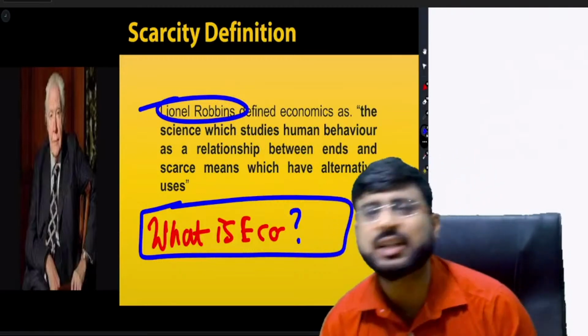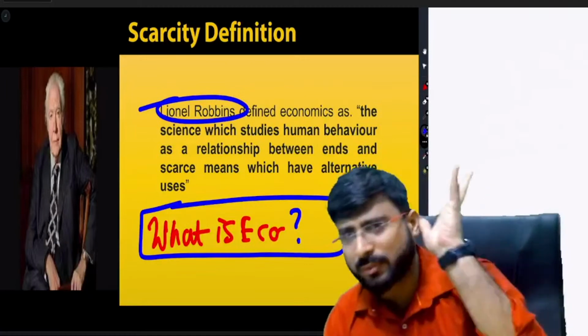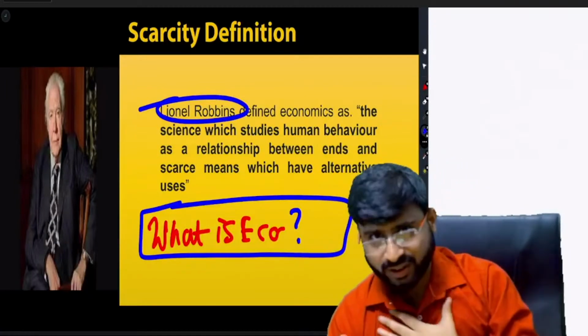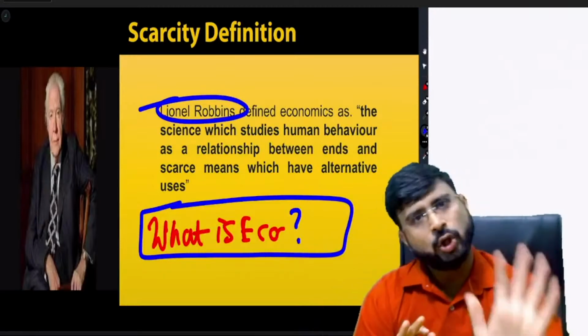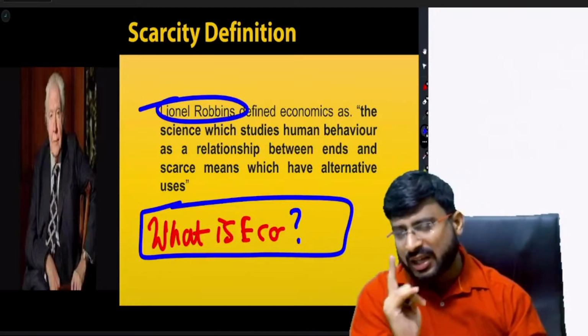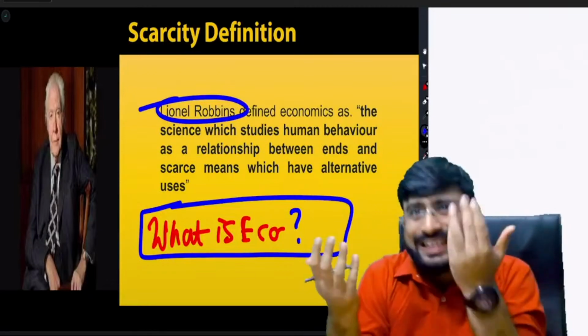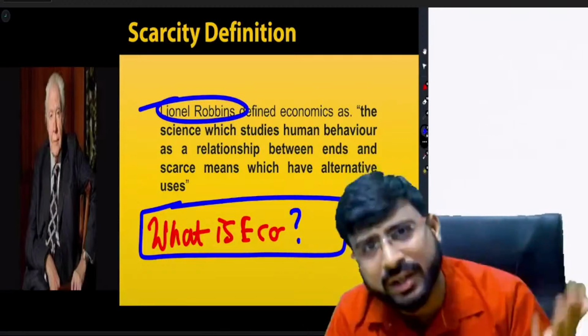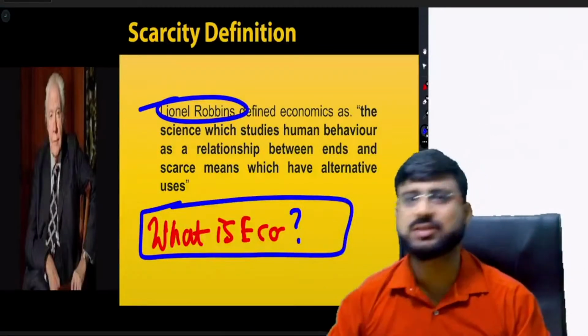Now, Lionel Robbins tells us that, see, you all answer me one thing. In the economy, our wants as consumers, as human beings, are our wants limited or unlimited? What say everyone? Your answers in the chat, please.